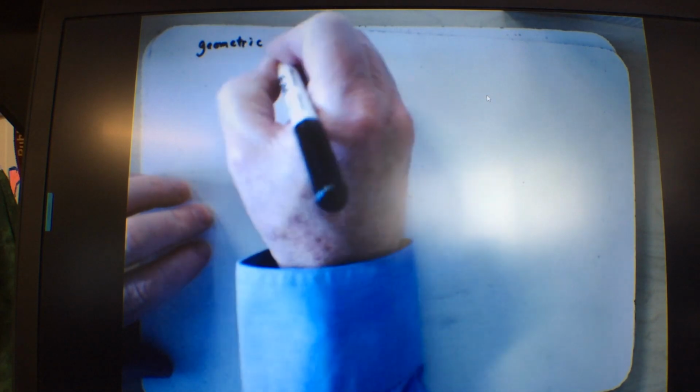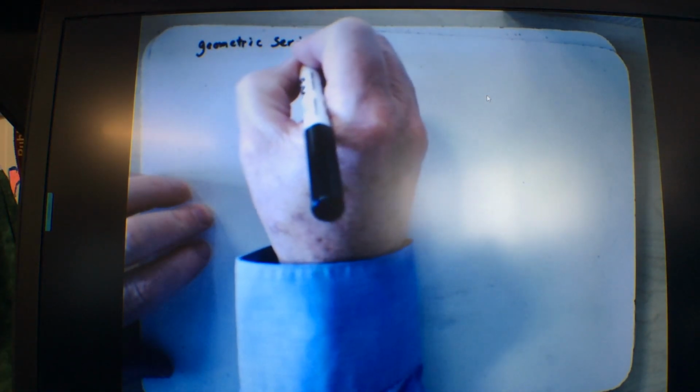Okay. All right. So we're going to move to a geometric series. What did we just study? We studied geometric sequences, and we did means too. Now a series. You remember that first one I did?